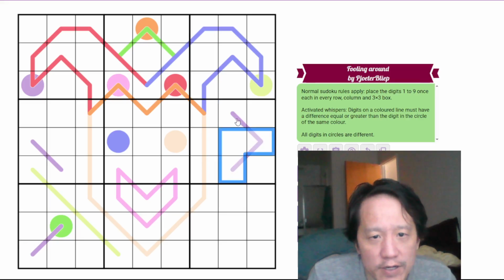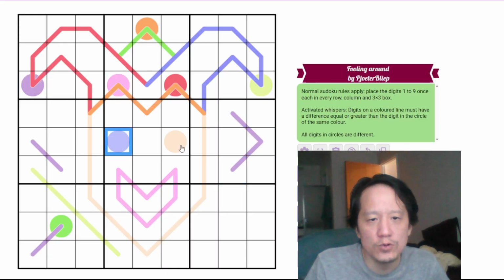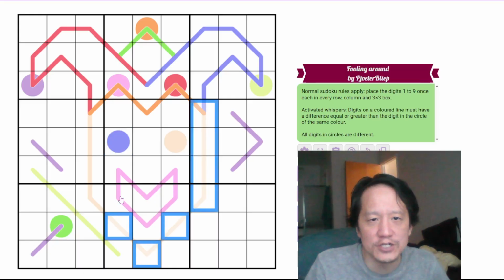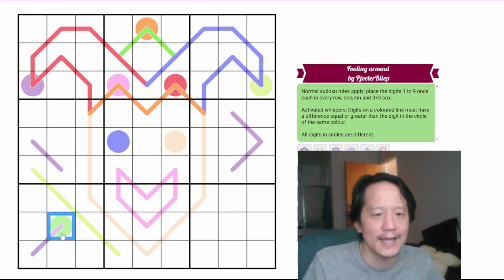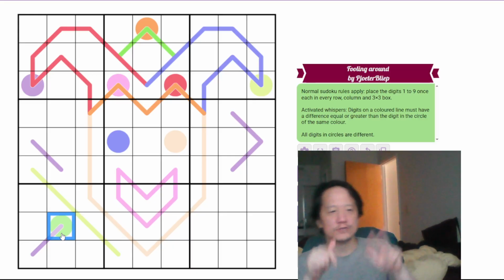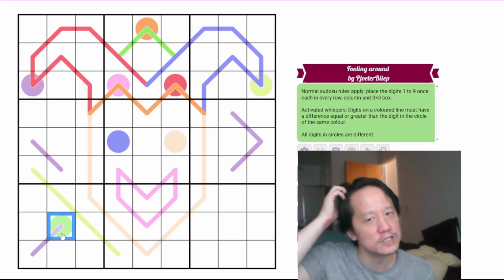The purple lines here are purple or lavender. We have lavender, pink, blue, this sort of tannish line, red, green, and dark green and light green. So this is 1, 2, 3, 4, 5, 6, 7, 8 different colors of lines, and we know each digit is different.